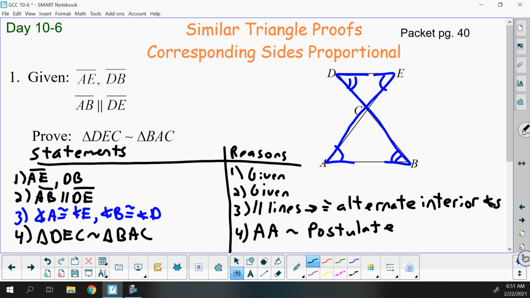So that's the only one of our similar reasons that we'll use within proofs. Now, I just want to point out, we could have also done here just 1 set of congruent alternate interior angles and then done 1 pair of vertical angles, and that would be fine as well, but it would have been a little bit more work.